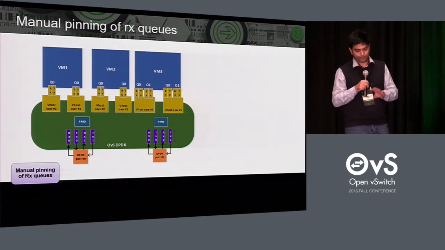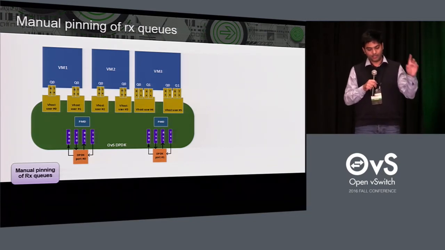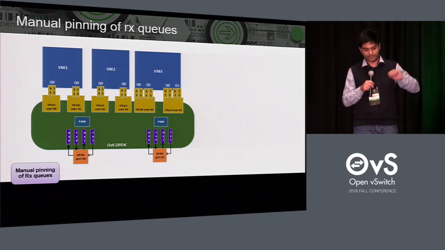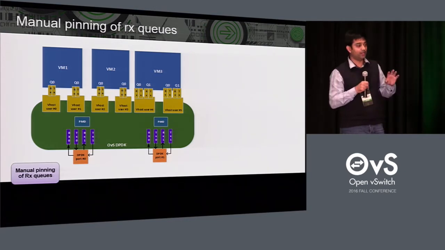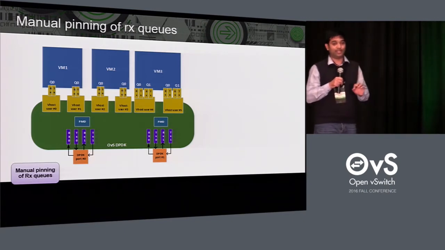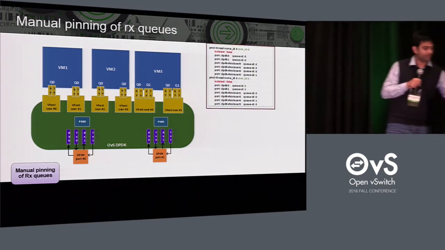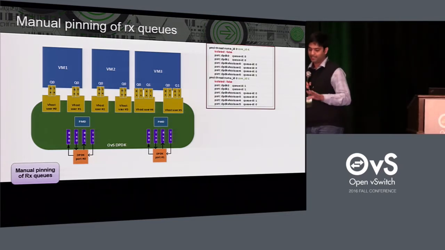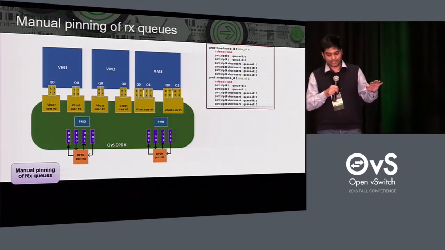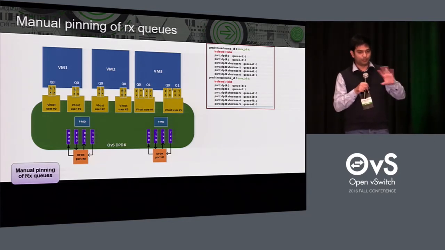That means 4 RxQs here, and we have 2 RxQs in VM1, 2 RxQs in VM2. There are 4 more there, and there are 4 more RxQs in VM3. All in all, we have 12 RxQs, and we have 2 PMD threads. So as you can guess, with out-of-box OvS-DPDK deployment, the 12 RxQs are equally distributed between 2 PMD threads.